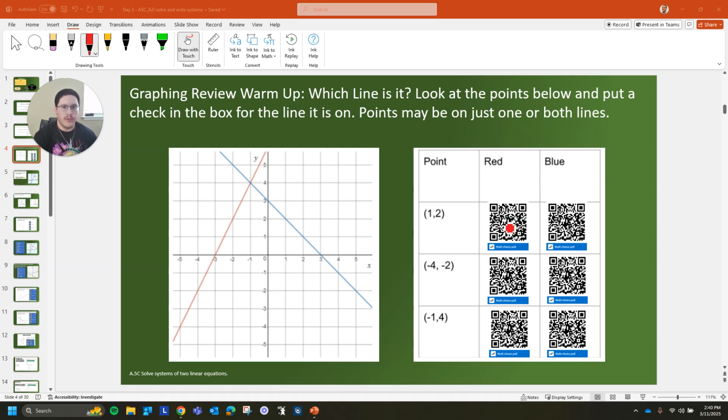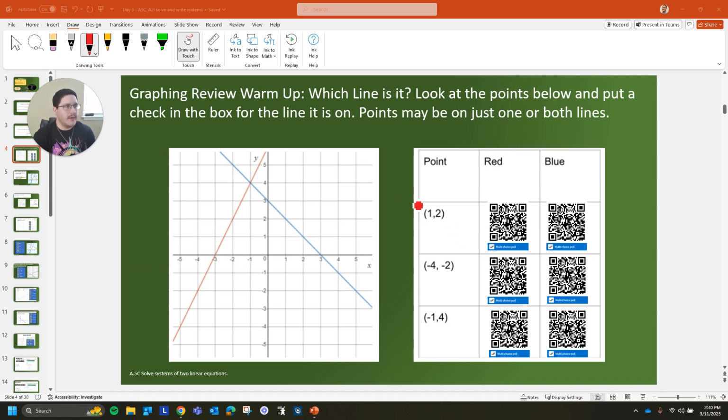Since you can't put a check on this video, you're going to either mentally or physically, on a piece of paper or through your notes that are provided, put a check mark for the line that these points are on. So either the red line or the blue line. If you would like to pause the video and try that now, go ahead and do so. Otherwise, I'm going to reveal the answer.